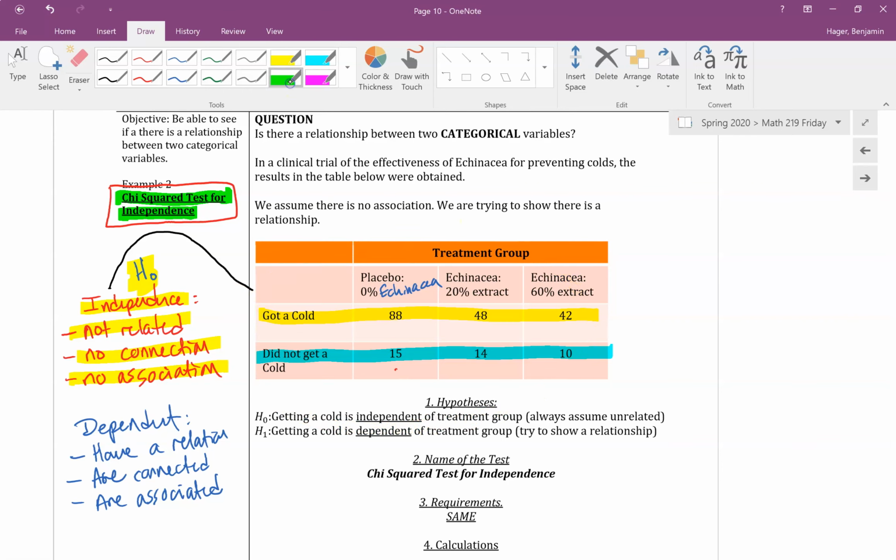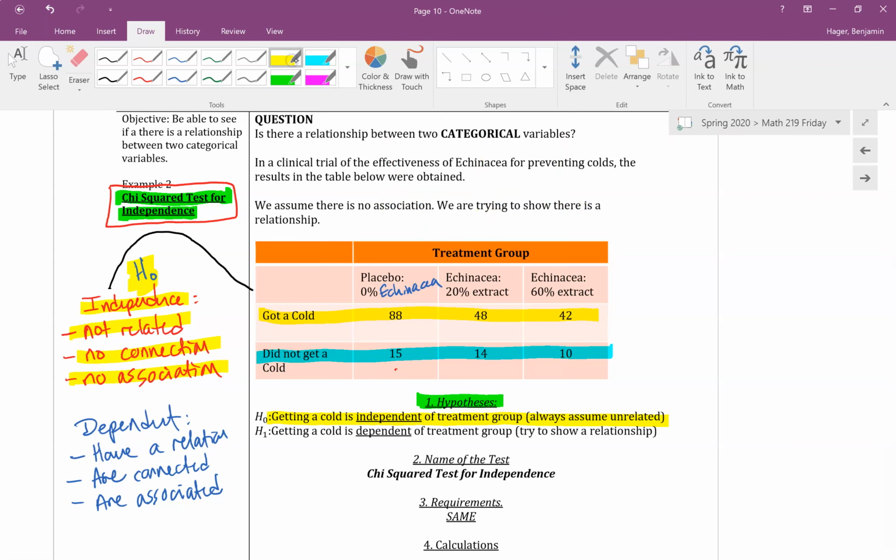Step 1 is always the same. What is your hypothesis? Again, the null is always that they are independent, that there is no relationship, that getting a cold is independent or not related to the treatment group. In other words, getting a cold has no bearing on which group you belong in, whether you got the placebo pill or the 60% extract pill. There's no relation.